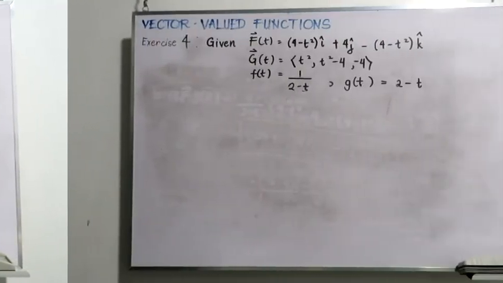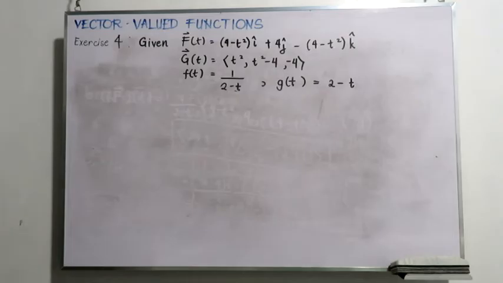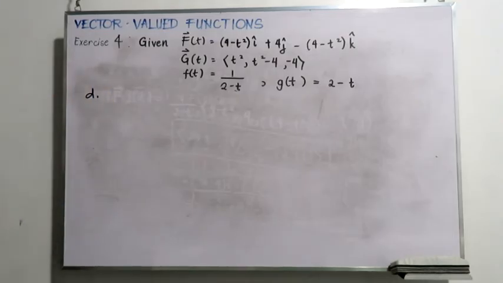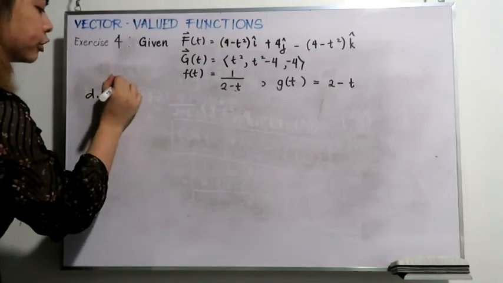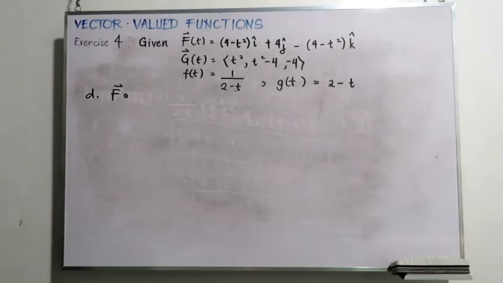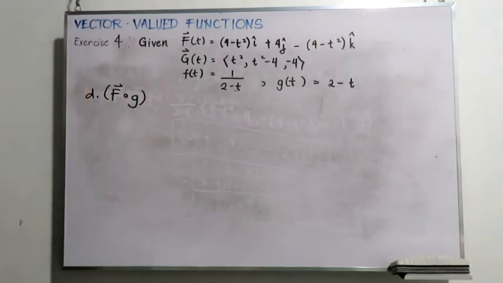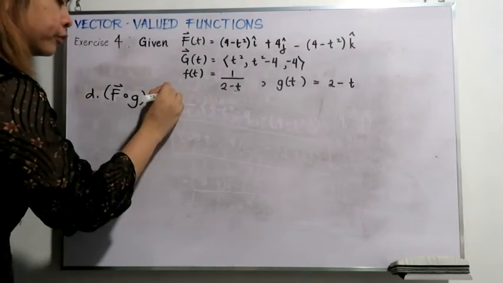Now for our last exercise, let us compute for the composition of the vector function capital F with the real valued function small g evaluated at negative 2.